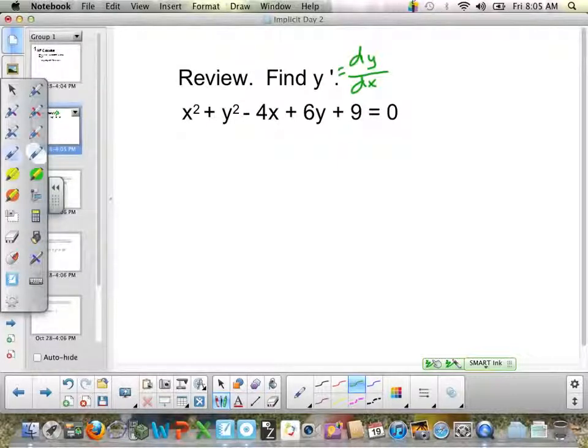All right? As we do these problems, remember, a variable is implied inside everything. There's a function implied in the x, there's a function implied inside the y.